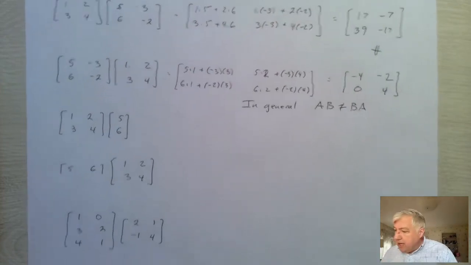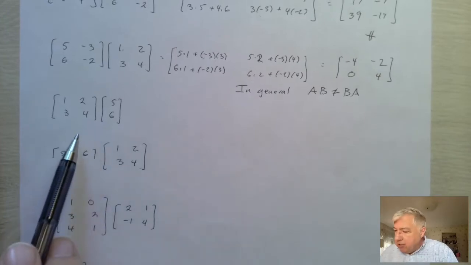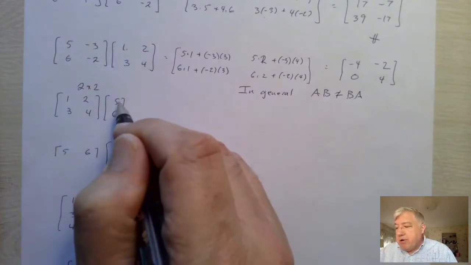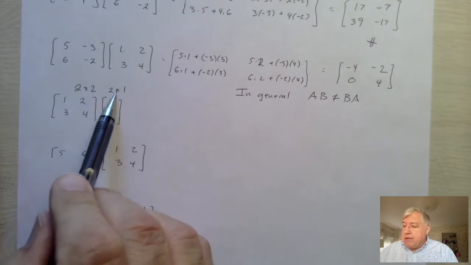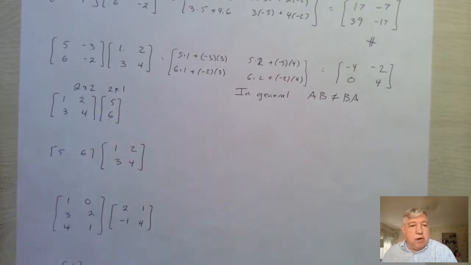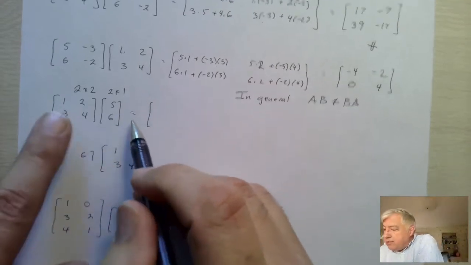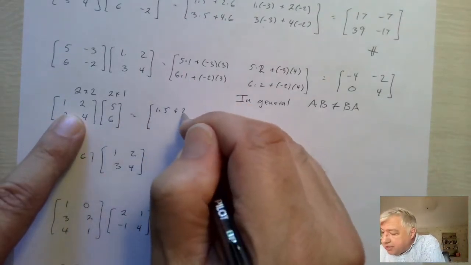Okay. Let's look at this next example. Here we have a 2 by 2 matrix, and here we have how many rows? 2 rows, 1 column. Okay. All right. These agree. Our result is going to be a 2 by 1 column as well. And what this will be is 1 times 5 plus 2 times 6.